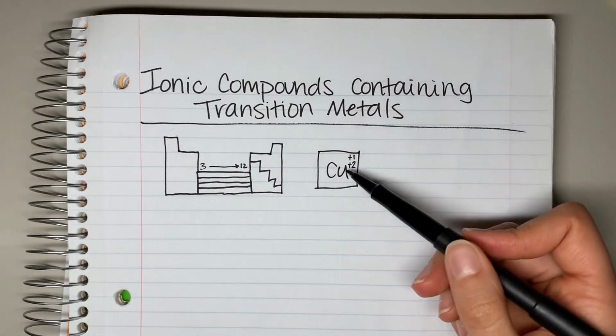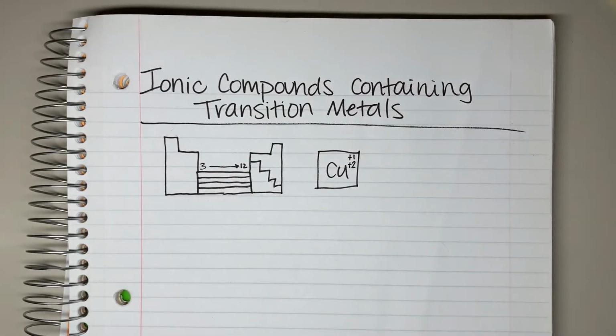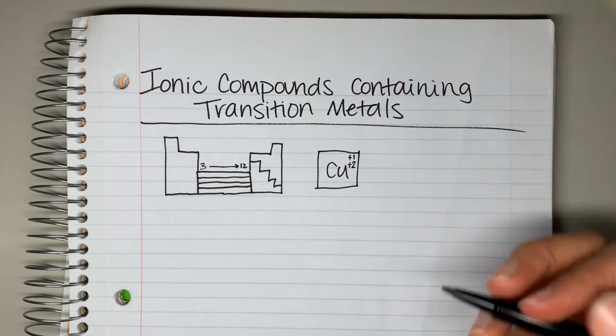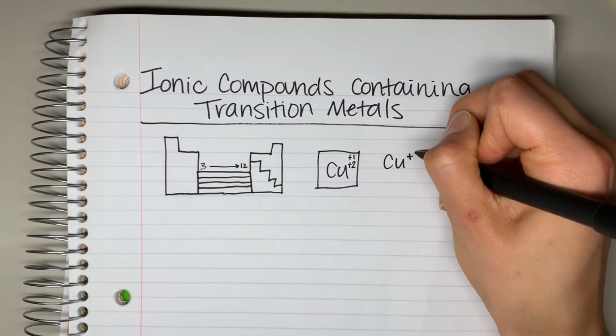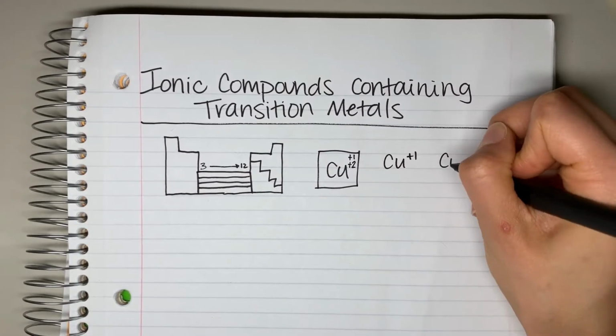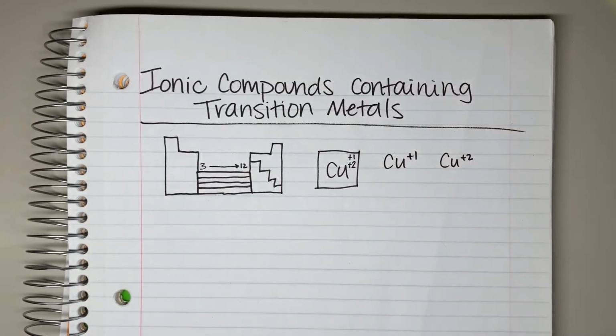That means that copper, it's possible to have 2 different charges depending on which compound that copper is a part of. So you can have copper with the +1, or you can have copper with the +2. It all depends on the compound.